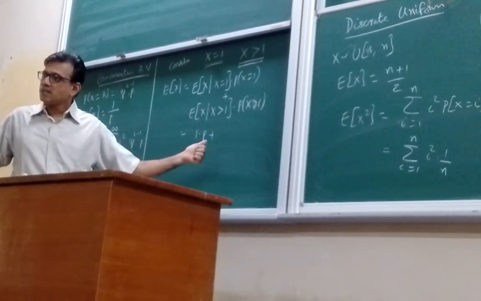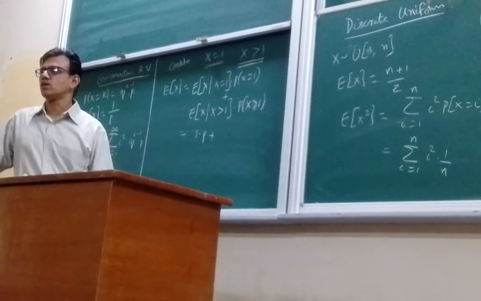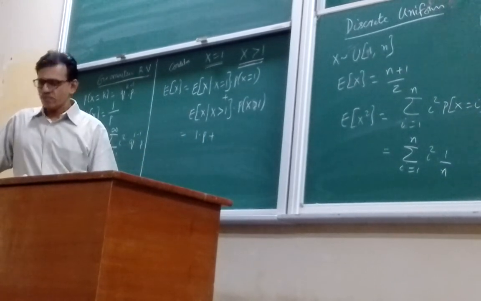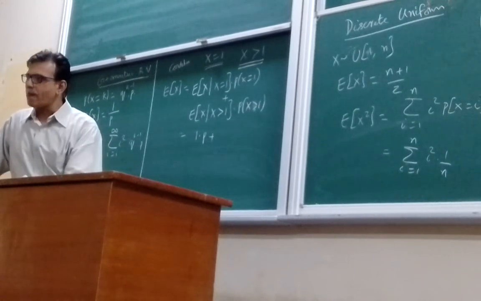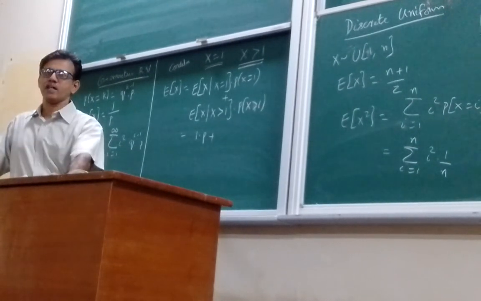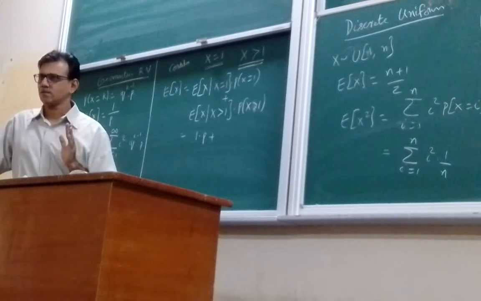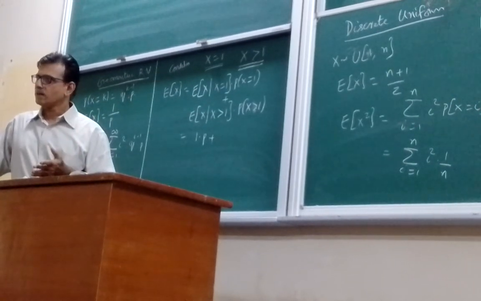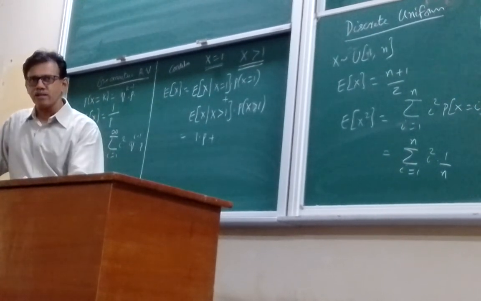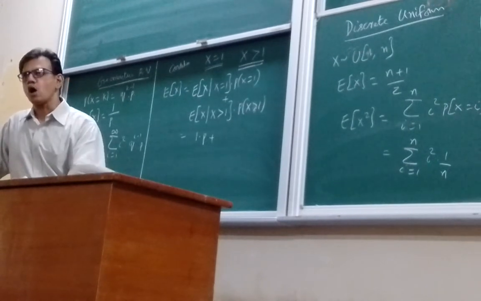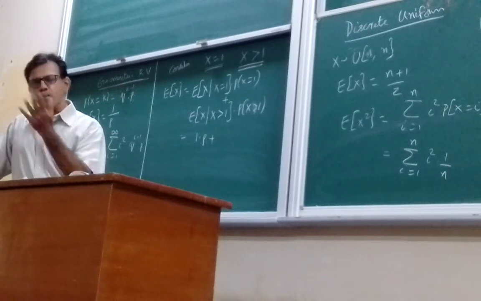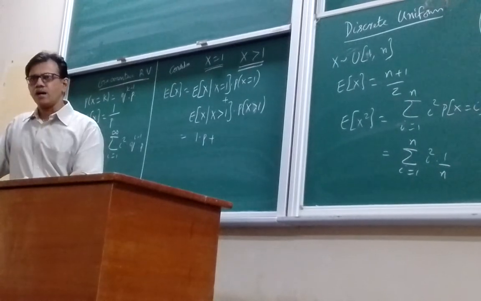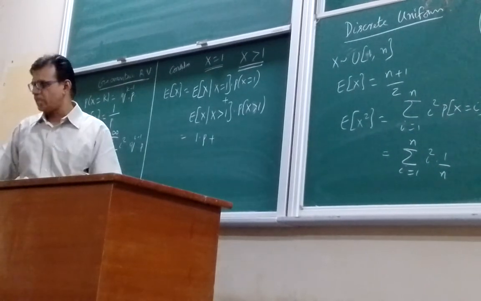But this is a sequence of IID random variables. The number of trials you have conducted will have no bearing on the remaining number of trials you have to conduct to get the success. Clear? Whether you have done 10 trials and all of them have failed, if you ask how many more trials you have to conduct to get this success, it is the same as the original. The probability will not change.